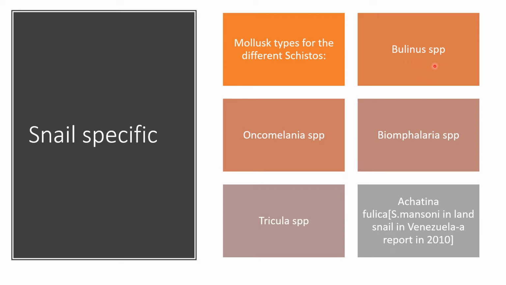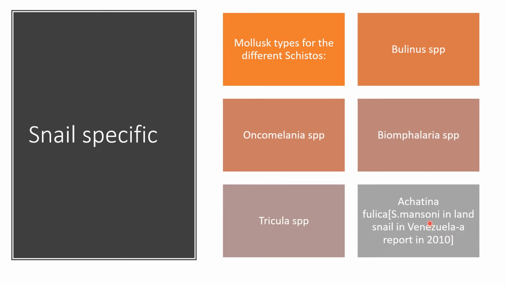So when you find this species of snail, then you'll be suspecting Schistosoma haematobium or Schistosoma intercalatum. But when you find Oncomelania species, then you'll be suspecting Schistosoma japonicum. But when you find Biomphalaria, then you should be suspecting Schistosoma mansoni. Tricula species will be hosting Schistosoma mekongi.